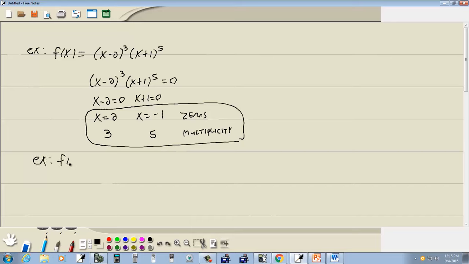Now if I had another problem, something like x to the third minus 12x squared plus 41x minus 42.